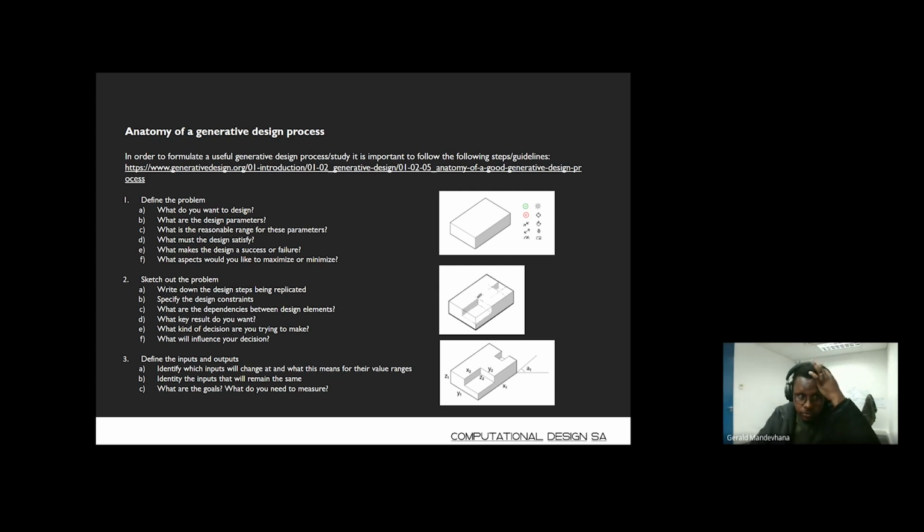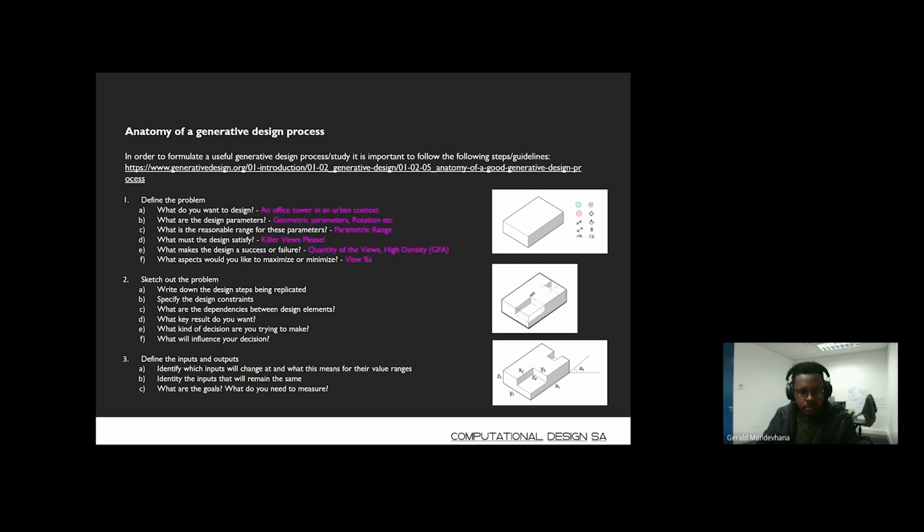So I tried to offer responses to this skeletal frame of the design process. What I came up with is a very simplified approach. What we're going to look at designing is an office tower in an urban context.